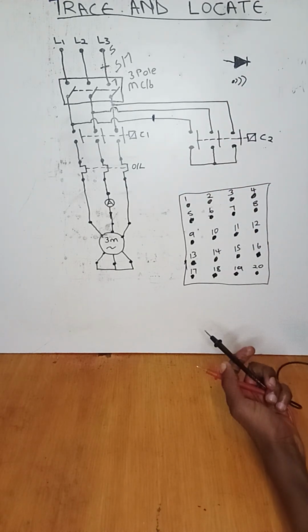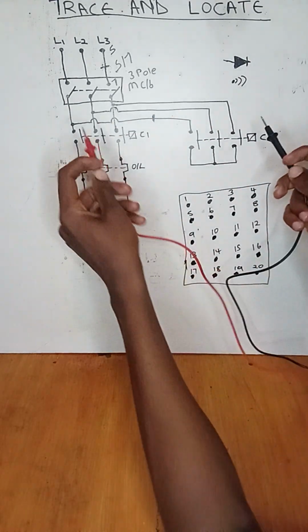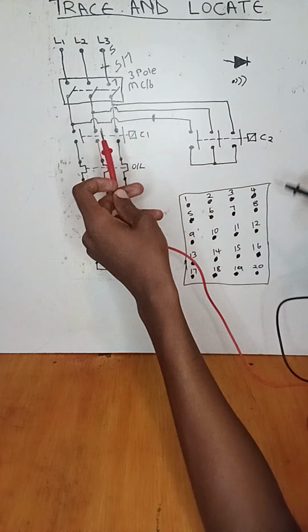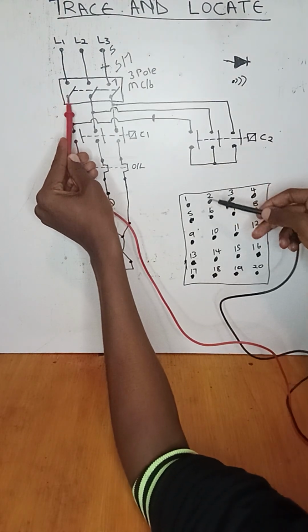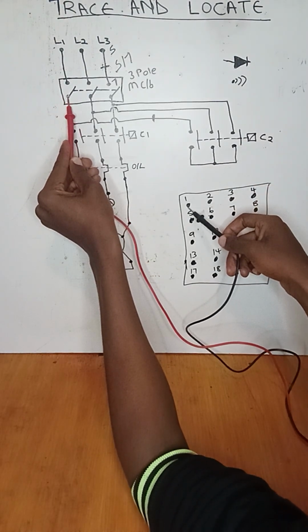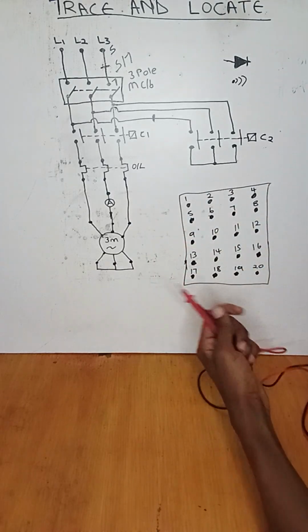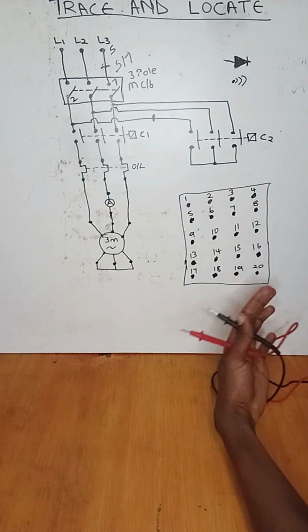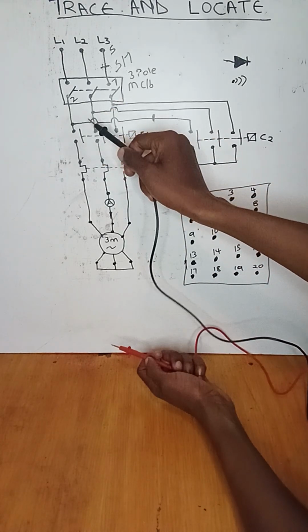So let's check which points are for this wire. You test from where the wire starts to where the wire ends through the board. So I'll test from where the wire starts. I say 1, it doesn't beep, 2, and let's say it beeps. Which means this point is number 2. Where it ends here, from this point and this point it was beeping, so we are good.